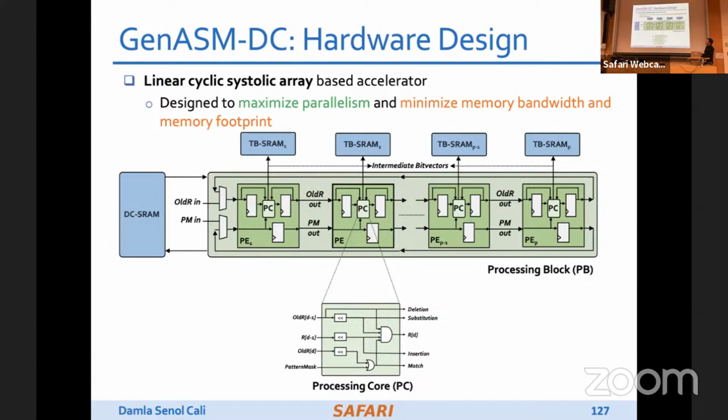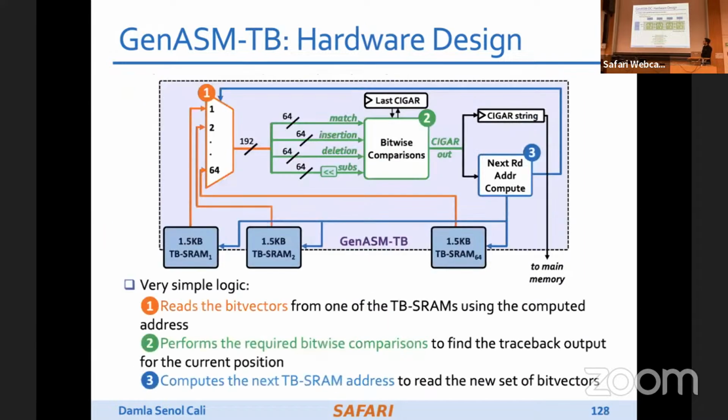So you don't necessarily need to move this data far away from where it is stored, right? You can rather just place the next processing element right next to it so that you can directly consume it in the next PE. So this is the systolic array structure that we utilize in Genome, and these are the bitwise operations that we do for the distance calculation.